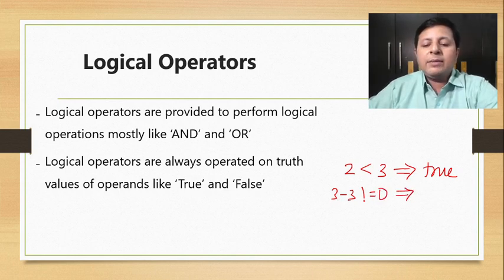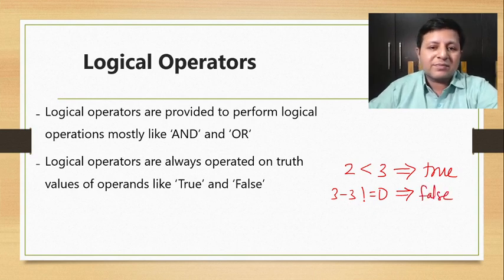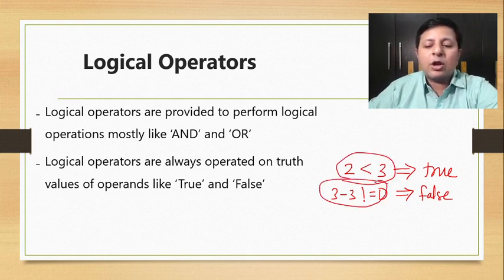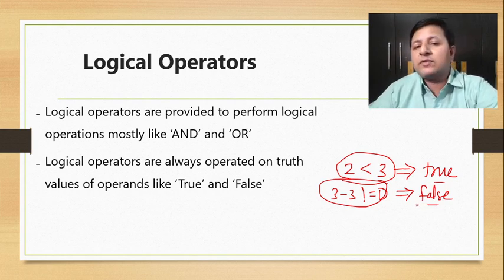Now 3 minus 3, the answer is 0, and I'm saying not equal to 0, so the truth value of this is false. So whenever we use these as operands of logical operators, it's going to work on the corresponding truth value. It's going to find the truth value and apply the operations on it.